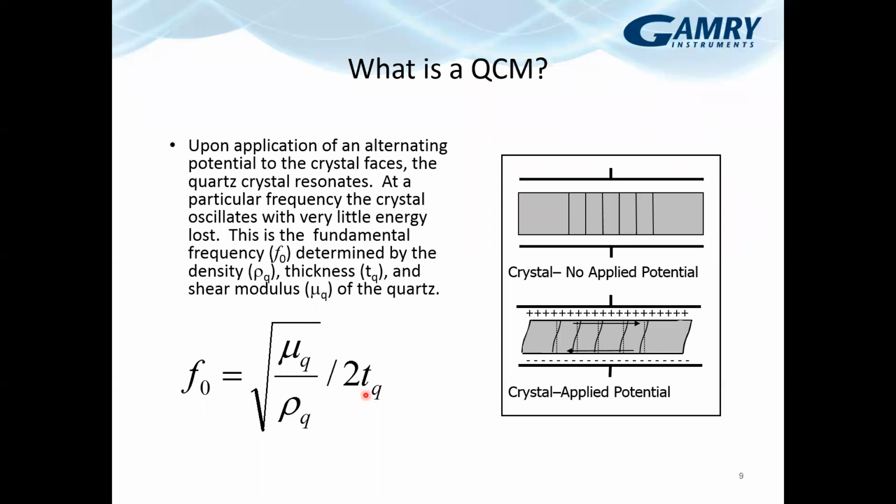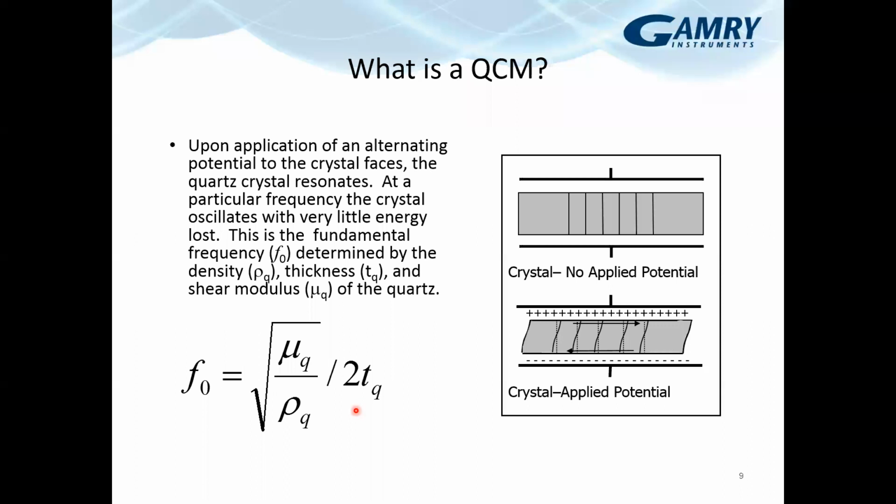The important fact to realize is that the fundamental frequency of this crystal, as it's excited, is purely a consequence of the quartz itself. And so for an AT cut quartz, this value for a given thickness is nominally 5 megahertz. The results that I'll show later are, I think, 10 megahertz.